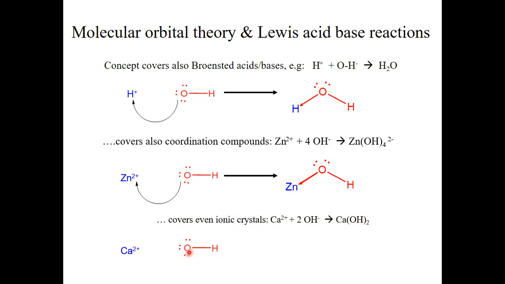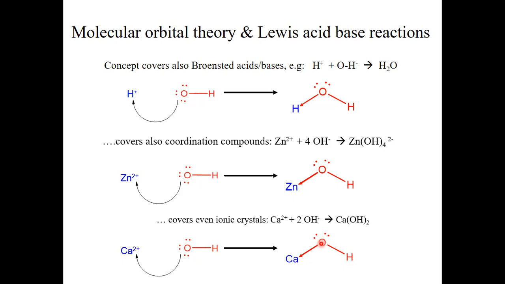You can say that during that reaction, this electron lone pair of the OH minus ions will coordinate to the calcium 2 plus, which will act as Lewis acid, to make a dative bond, even though this dative bond may be a very polar dative bond, which is close to an ionic bond.